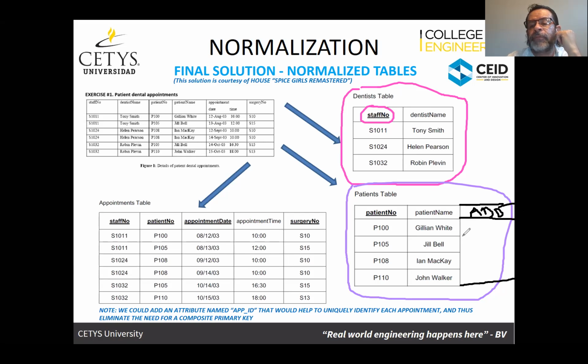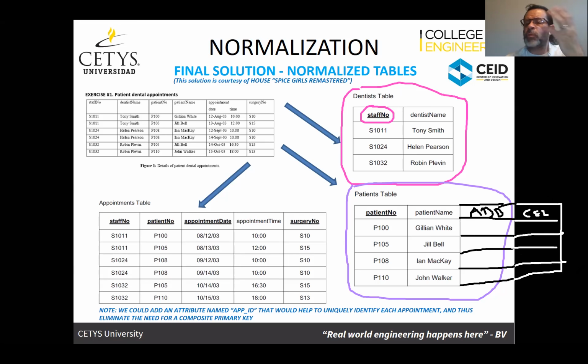For each of these, we might want to add another field, maybe the phone or the cell phone number if we wanted. Okay. We can add as many fields as we want, just to complement the information, as long as we're not violating any of the normalization rules, that's fine.